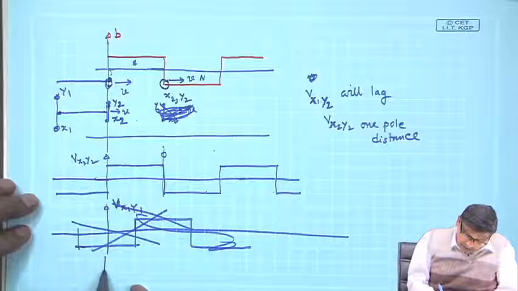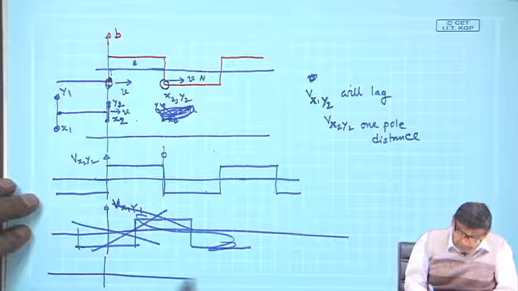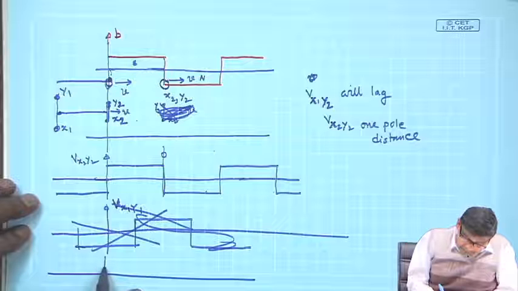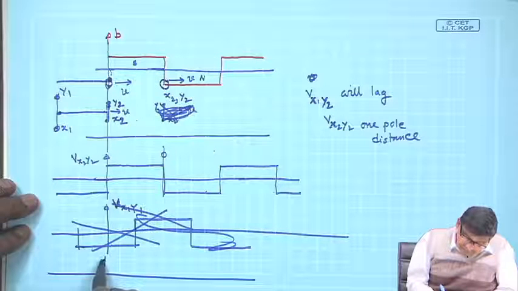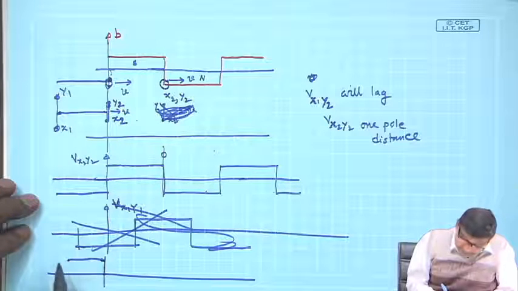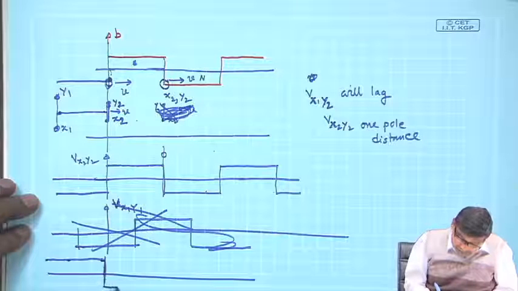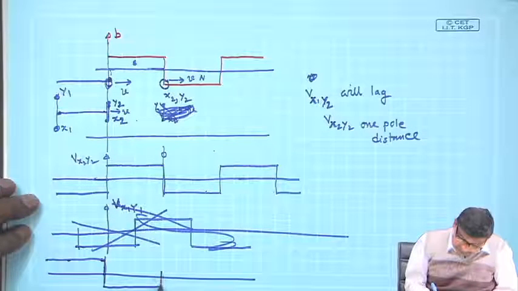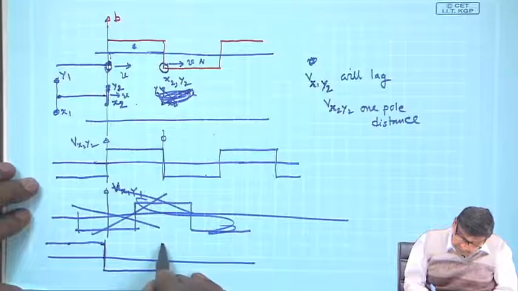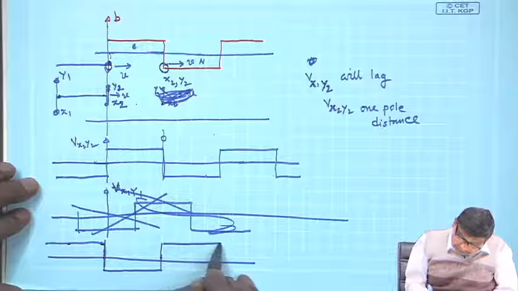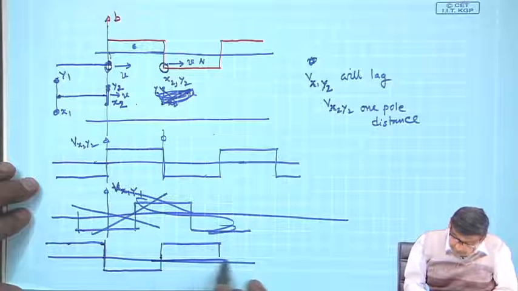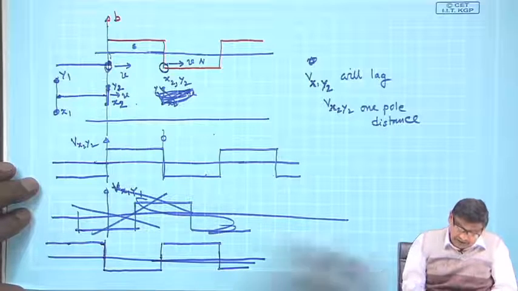Oh, so V x 1 x 2 will be this 1, 2, 3, 4 and this is 1, 2, 3, 4. I am sorry, this way it will lag.